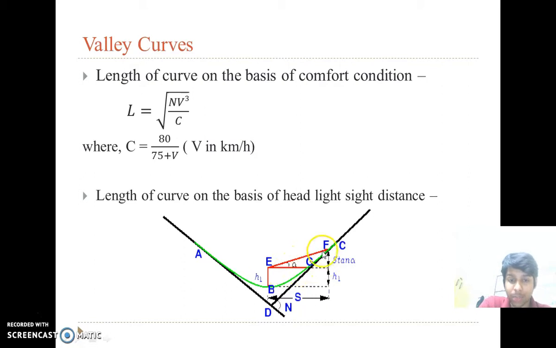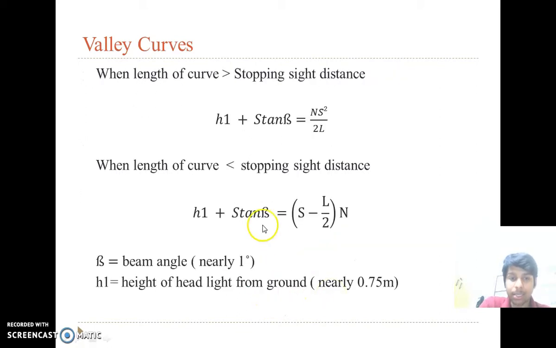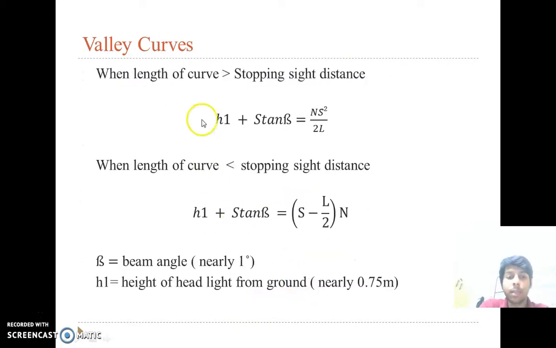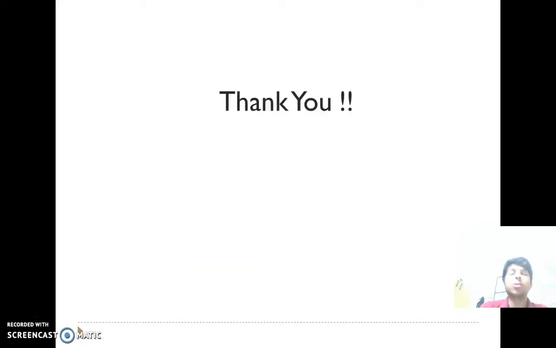So this is our stopping sight distance S. This is equal to S tan alpha, and this is our height h1 plus S tan alpha, and this is S. So now put in the equation, when the length of curve is more than the stopping sight distance, you can see that this is our length of curve and stopping sight distance is simply up to this much. Then here we can find out the length. When the length of curve is less than the stopping sight distance, then we can find the length by equating these two equations, where beta is our beam angle, h1 is the height of light from ground.